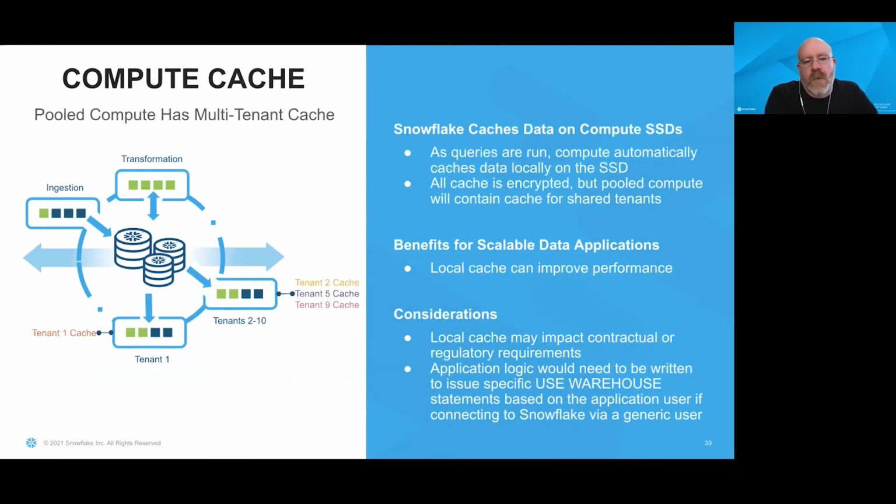As I mentioned before, the warehouses will cache data. And so it's important to understand whether this affects your contractual or regulatory requirements. Now, while the tenants can't get at each other's cache, that will never happen, it still is all co-located on a common compute. So if I have tenants 2 through 10 using compute, tenant 2 runs a query, some of their data is cached.